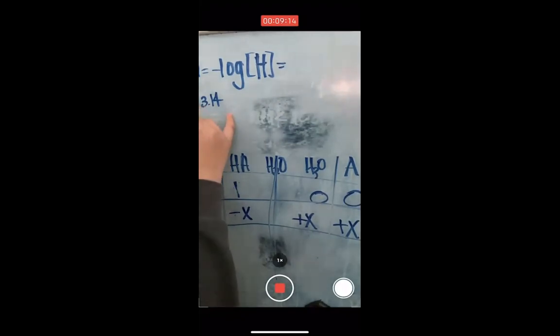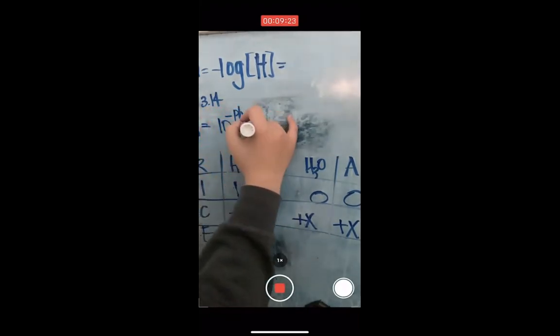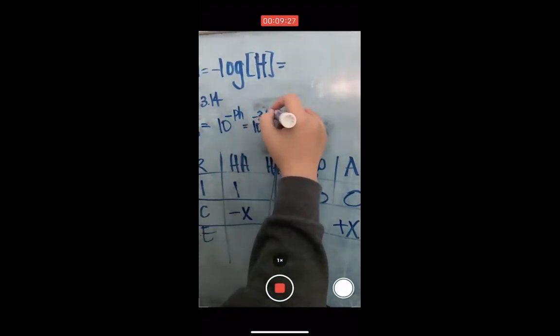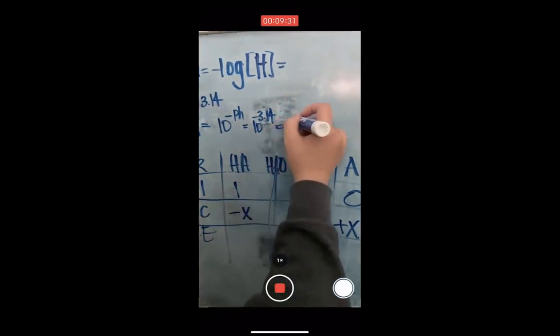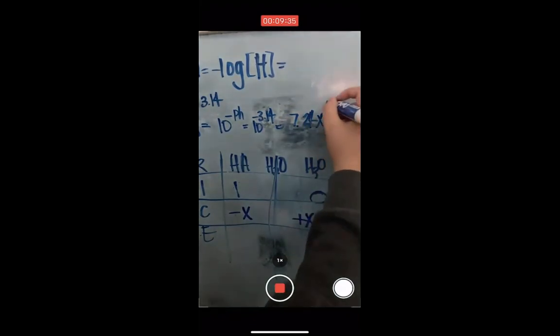Yes, we can, because we know that the concentration of H is equal to 10 to the negative pH. And if that's the case, we have 10 to the negative 3.14. And that number comes out to be 7.24 times 10 to the negative 4.